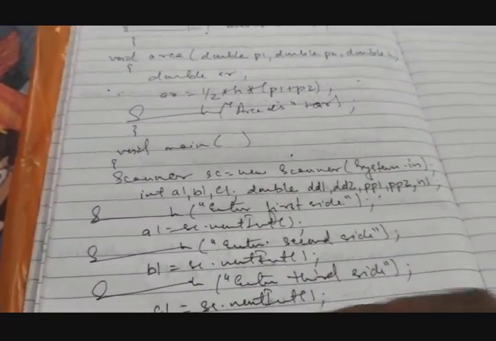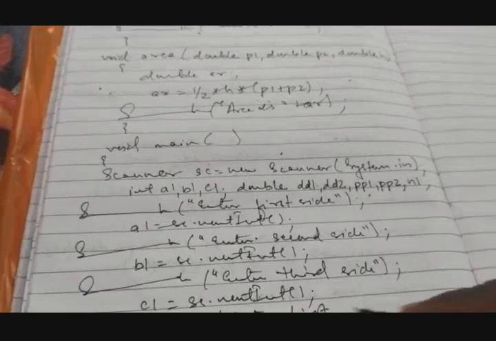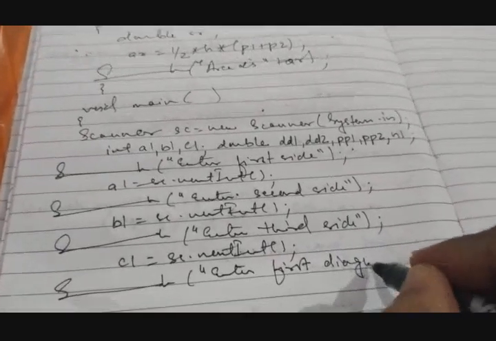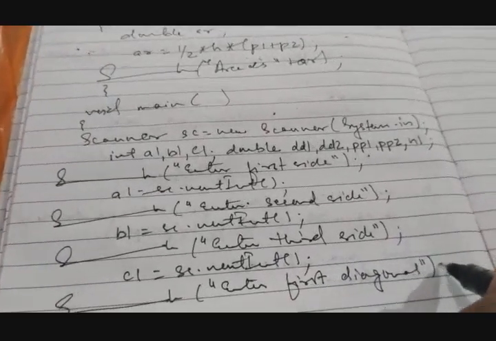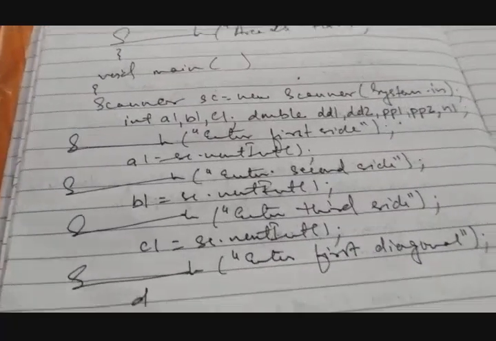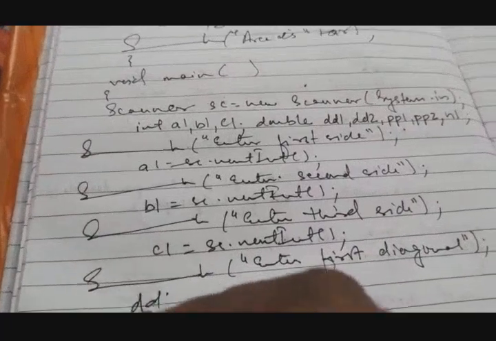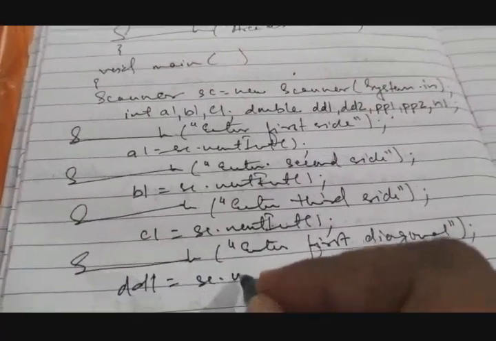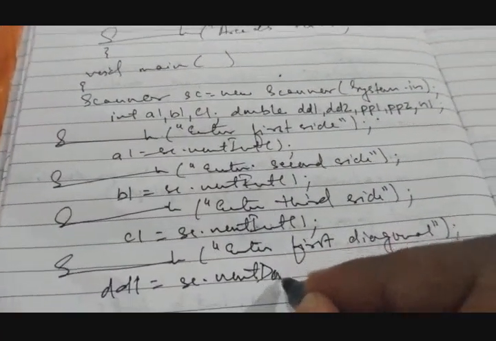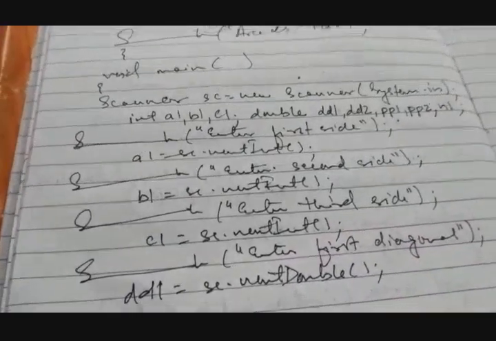Enter first diagonal, dd1 equals to sc dot next double method.